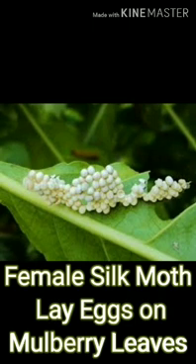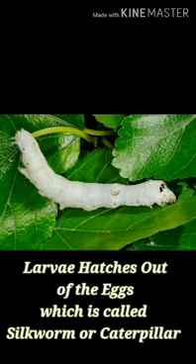In this stage, female silk moth lays eggs on mulberry leaves, and in the second stage, larva hatches out of these eggs in the form of silkworm and caterpillar.